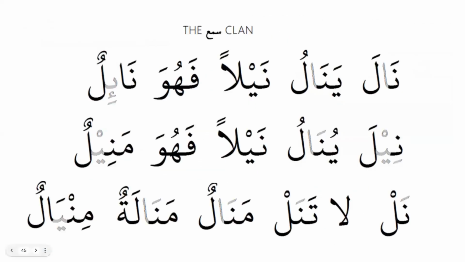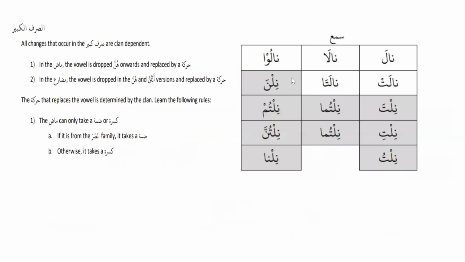And then we have an example from Samia. In Samia, again, you will see Kasra in the Hunna form. Huwa nala, huma nala, hum nalu, hiya nalat, huma nalata. And then Hunna, it is nilna, not nalna.